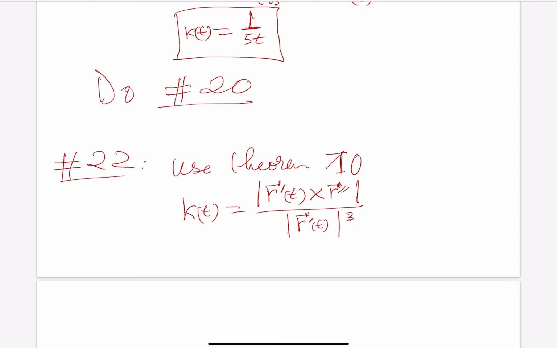Be careful here, it's to the third. Okay, that's the formula. So now they ask you, okay, the question was find the curvature. Find the curvature is the same.